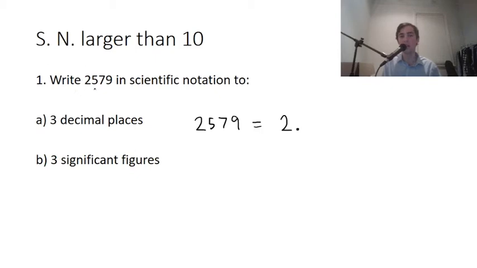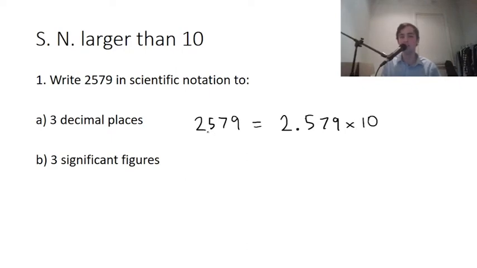And then how many decimal places do we need? We need 1, 2, 3 decimal places. And now you can see, hopefully, that I haven't had to do any rounding. I haven't lost any information here. So this is actually equal to the original number once I times it by 10 to the power of something.